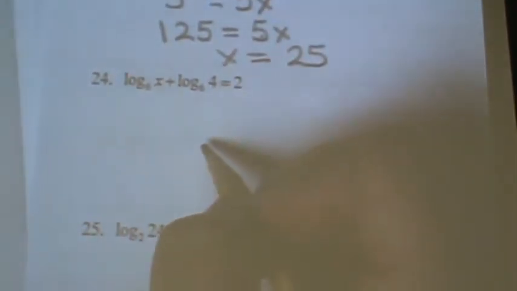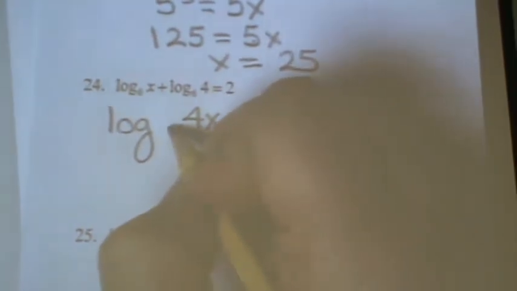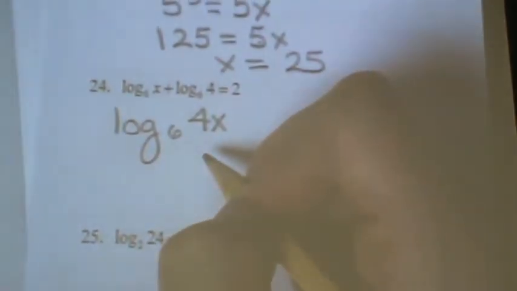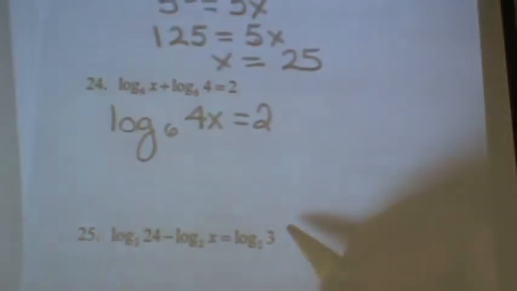Yikes. Someone's gonna add x and 4. What are you gonna do instead? Multiply. This is the one time where it's not logical. It's not adding. It's multiplying. Makes no sense.